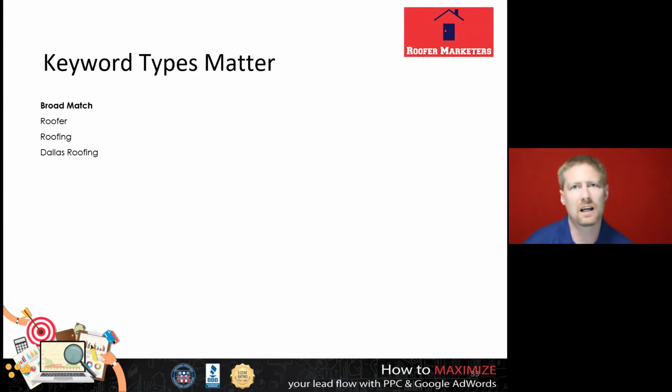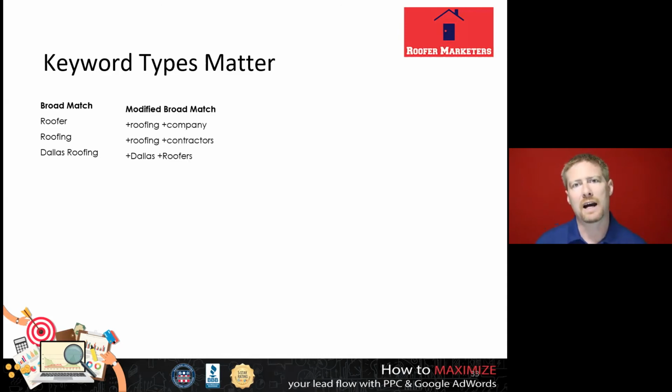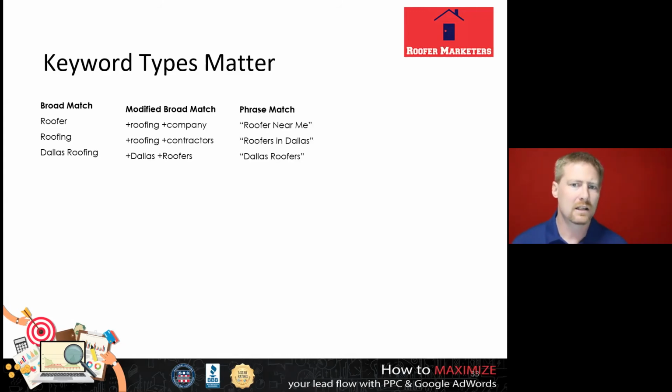Broad match allows Google the most leniency on what to show your ad for. The next is modified broad match. That keeps it a little bit closer. You're saying, I don't want you to make as much of a decision, Google. Then you have phrase match. That's even more relevant, right? And I'll talk about these in a second in a little bit more detail.